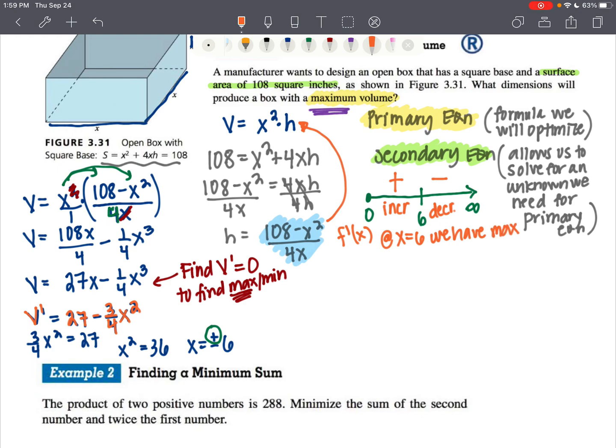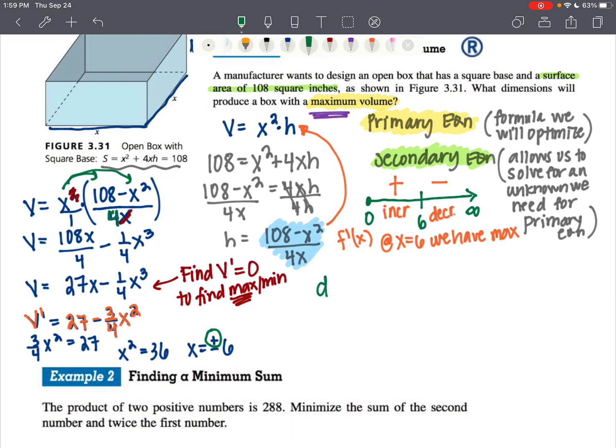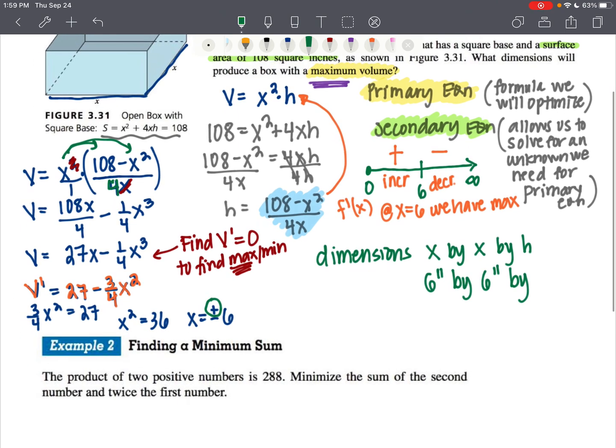So what are the dimensions? Well, the dimensions are x by x by h. If x is 6, I'm going to have 6 inches by 6 inches, and then what would h equal? Well, h is 108 minus x squared all over 4x.